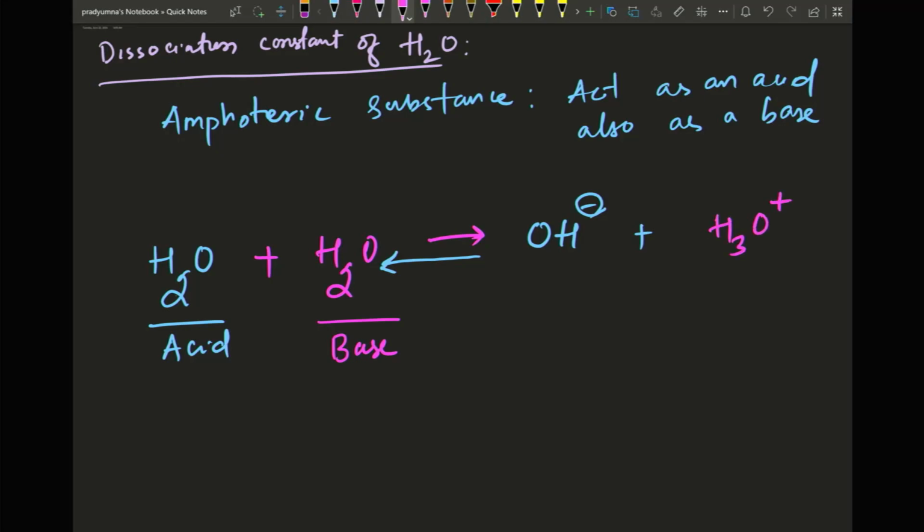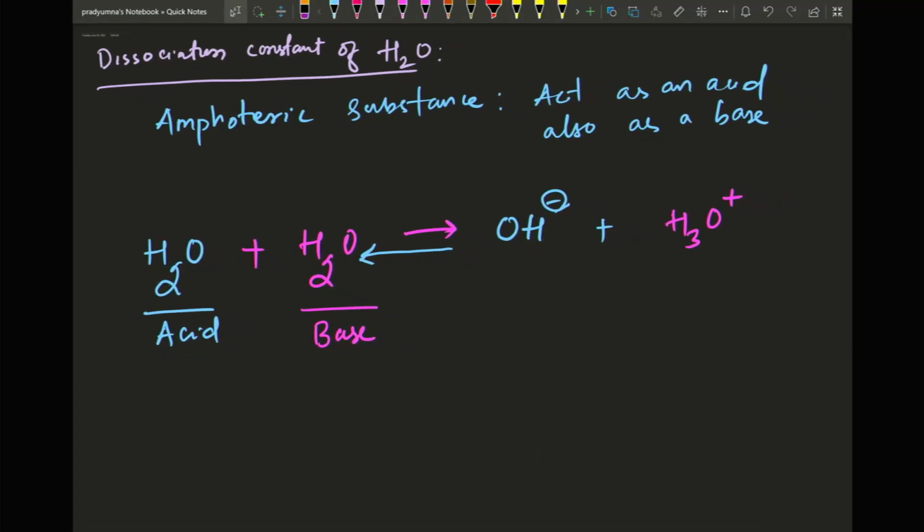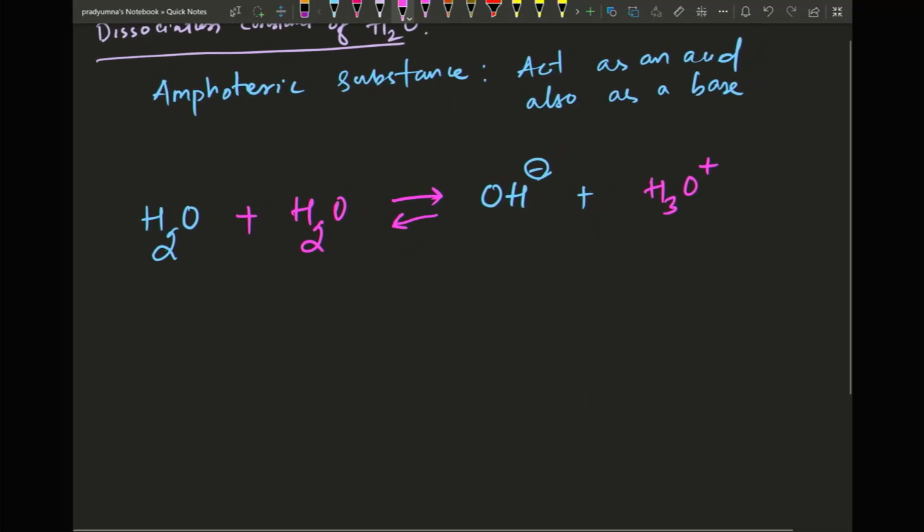H3O plus. Okay, so what is the equilibrium constant for this whole equilibrium reaction? I'm just going to keep things simple for now, let's not complicate it. We assume this is an equilibrium reaction.